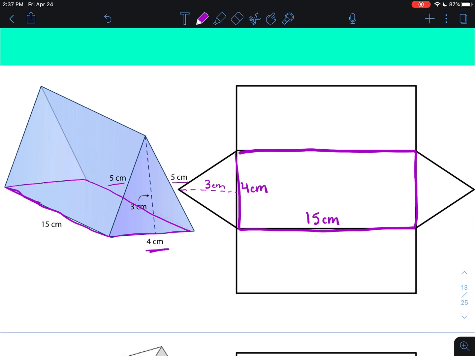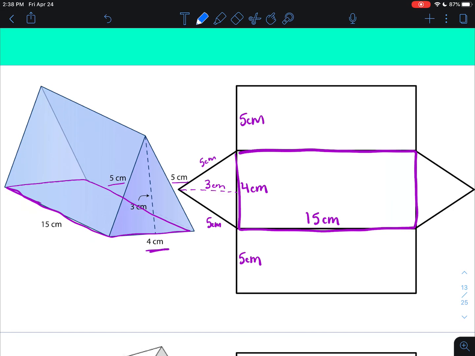And each side of your triangle, or the other two sides besides the base, are going to be 5 centimeters. That means these are 5 centimeters. And from there, we should be able to figure out the area of all of our shapes now.